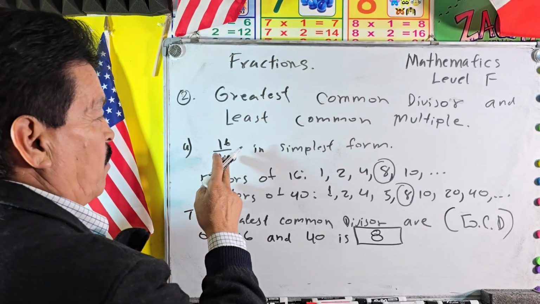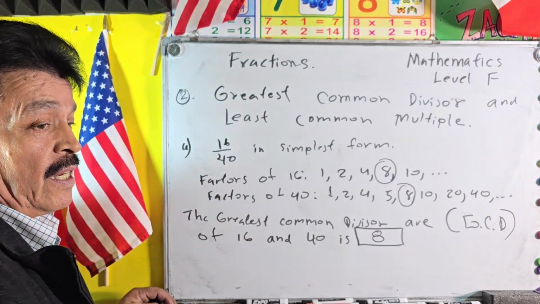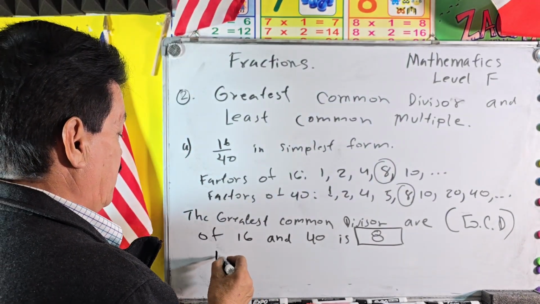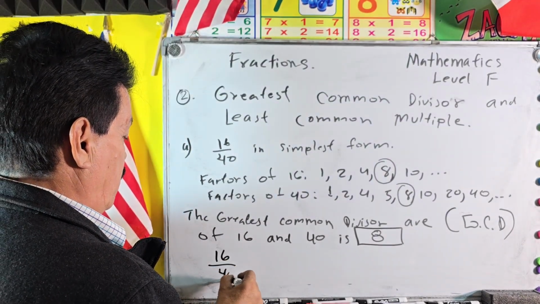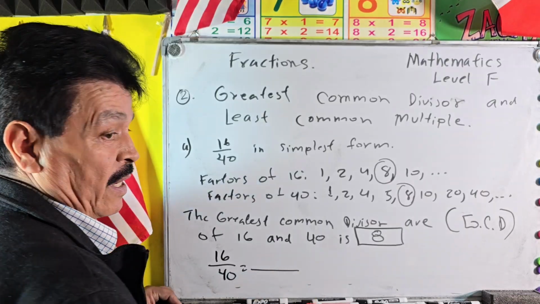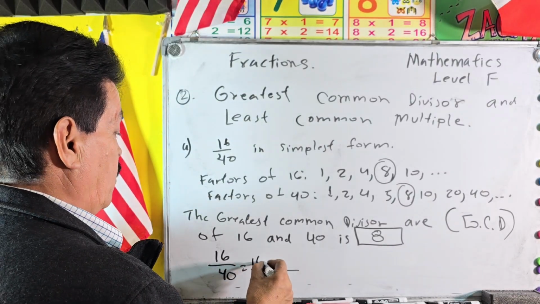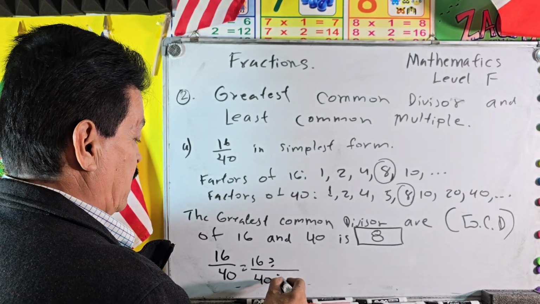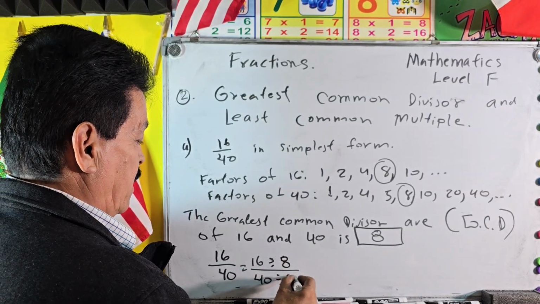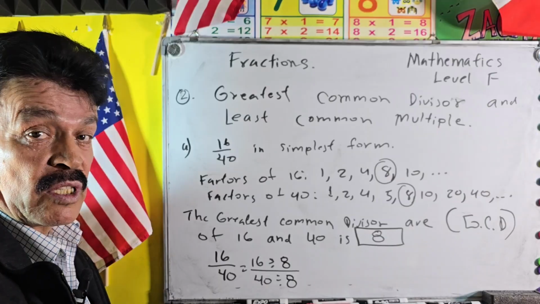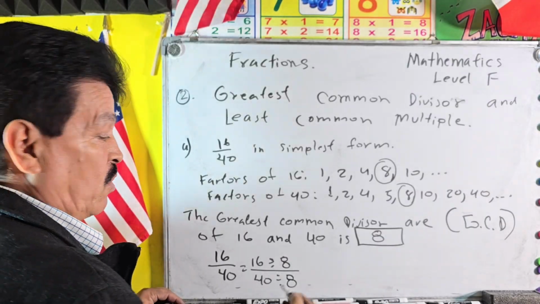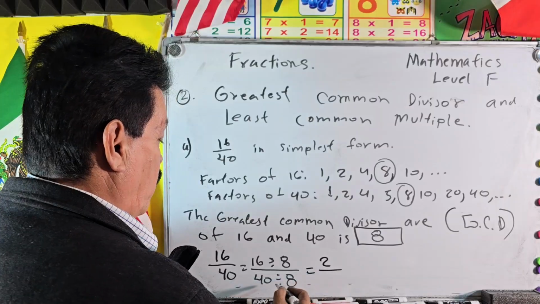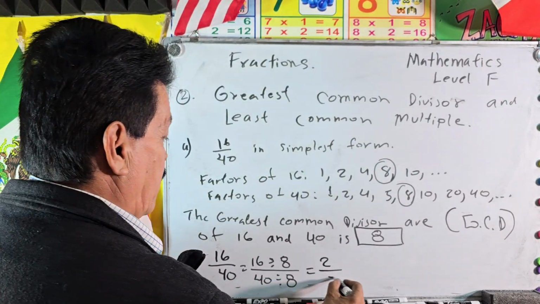So therefore, how do we write this in simplest form? We write down 16/40 equals, and we divide both by 8, because the common divisor is 8. 16 divided by 8 is 2. 40 divided by 8 equals 5.